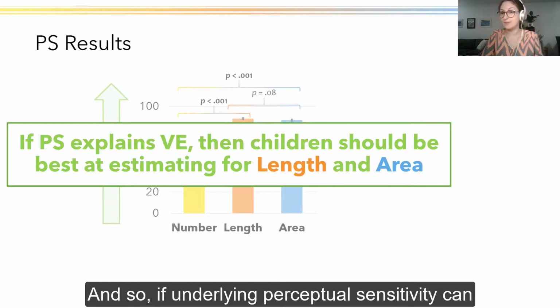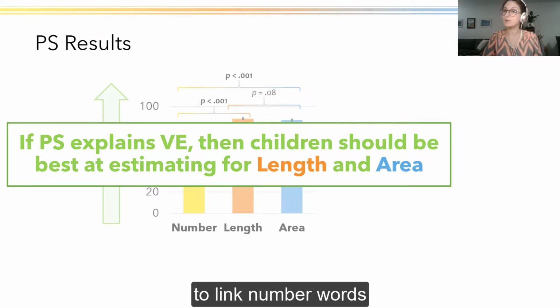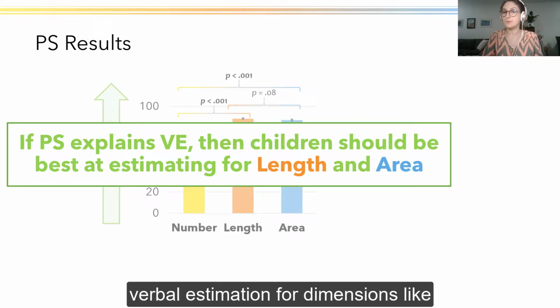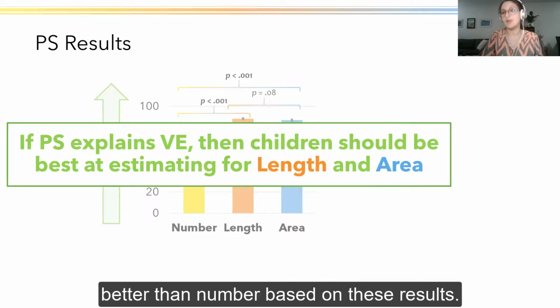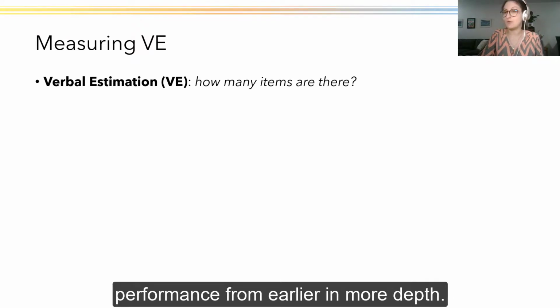And so, if underlying perceptual sensitivity can explain how well children are then able to link number words to their perceptual representations, then we should see verbal estimation for dimensions like length and area to be far better than number based on these results. And so, we'll look at the estimation performance from earlier in more depth.